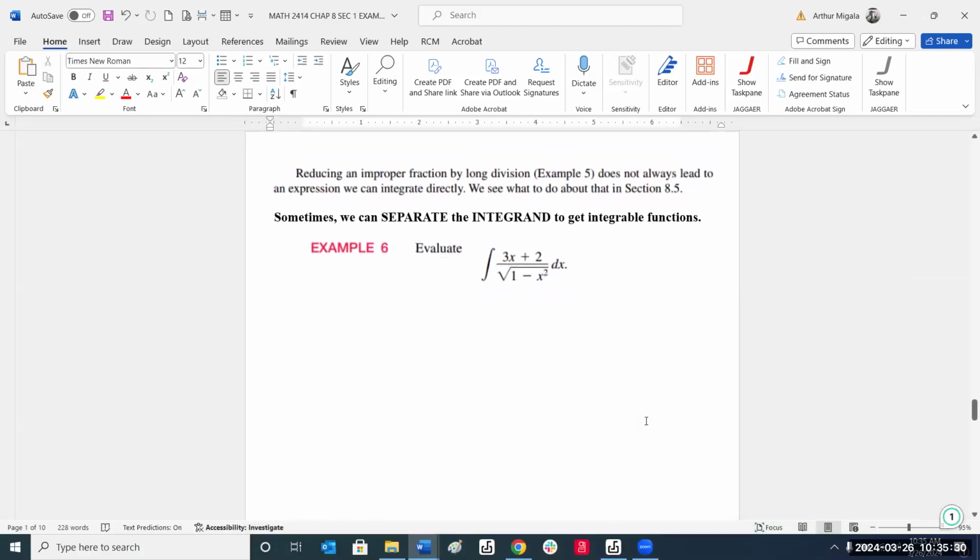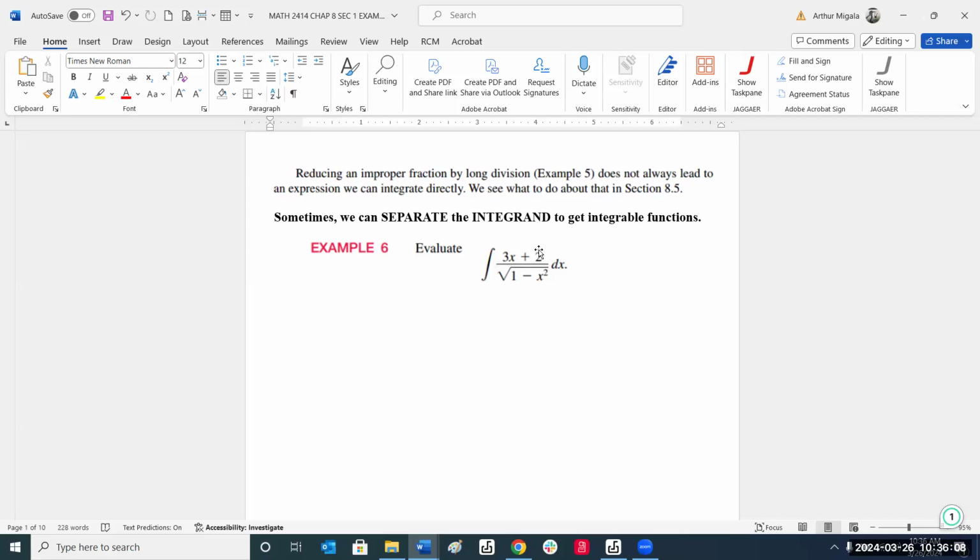What does this one tell us? Reducing an improper fraction by long division does not always lead us to an expression that's easily integrable. So now we have to look at separating the integrand, the top function. So what do we have here? Okay, so this is example 6.